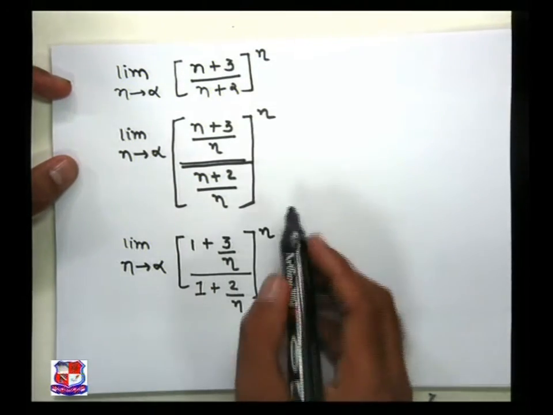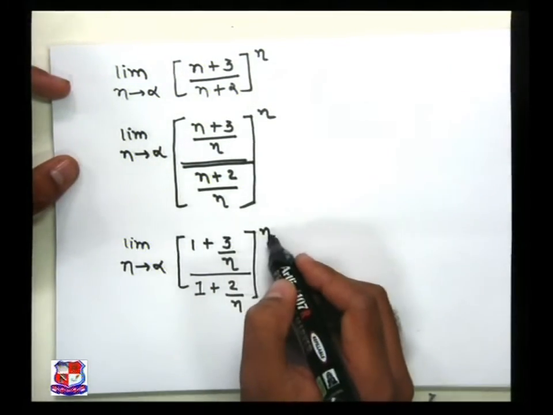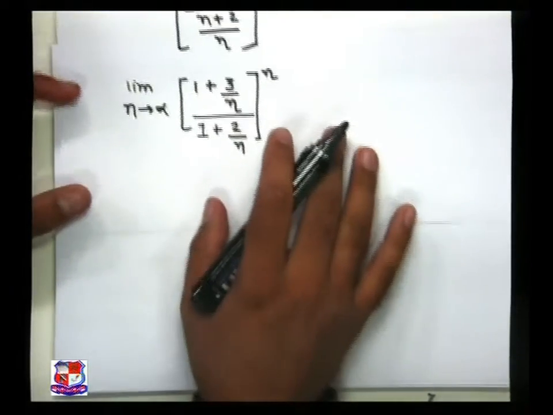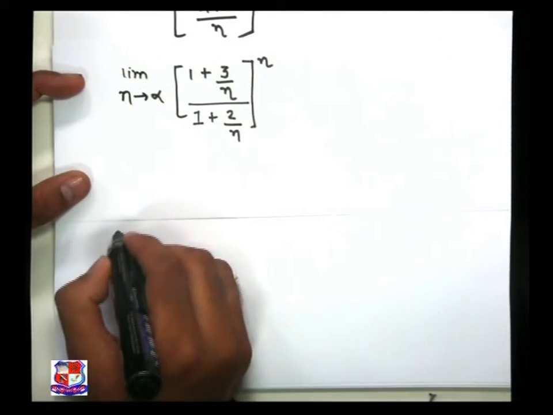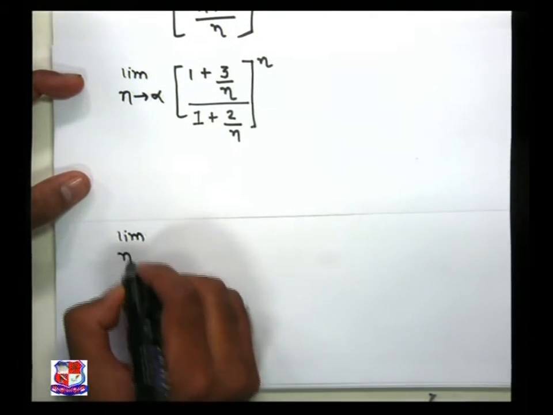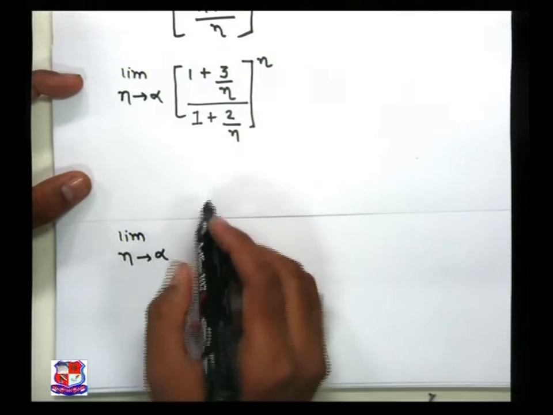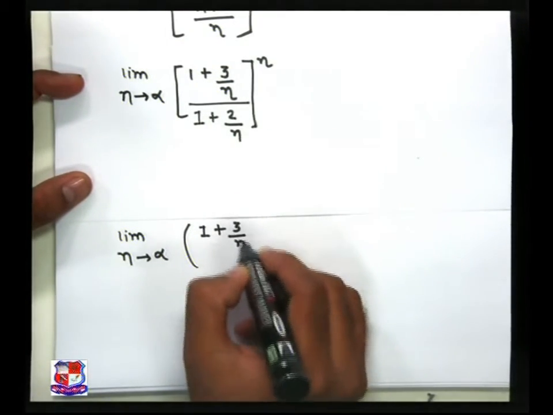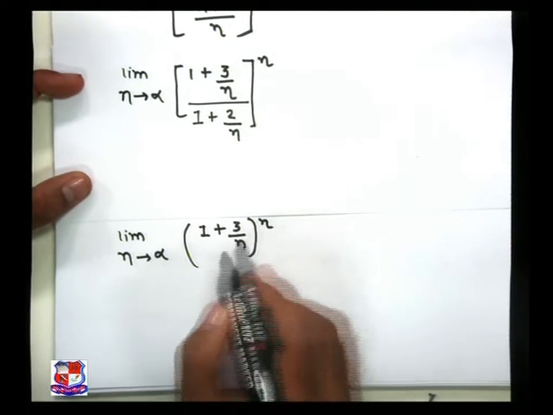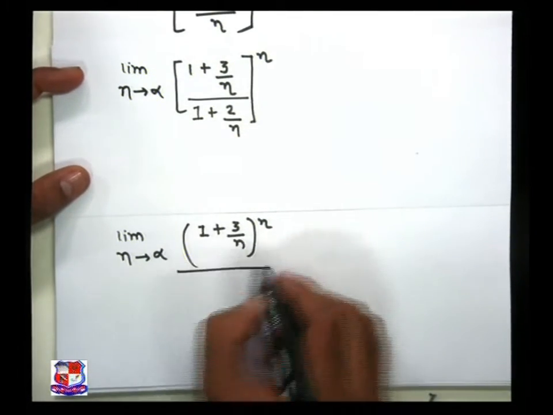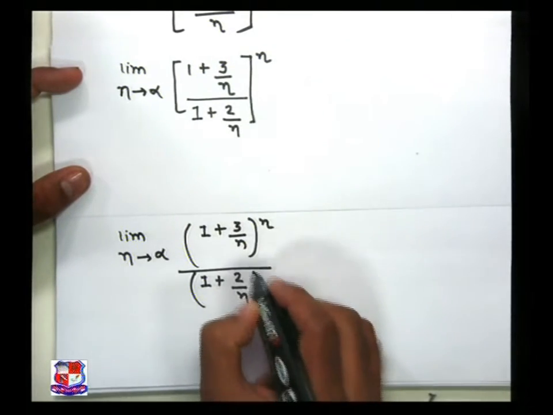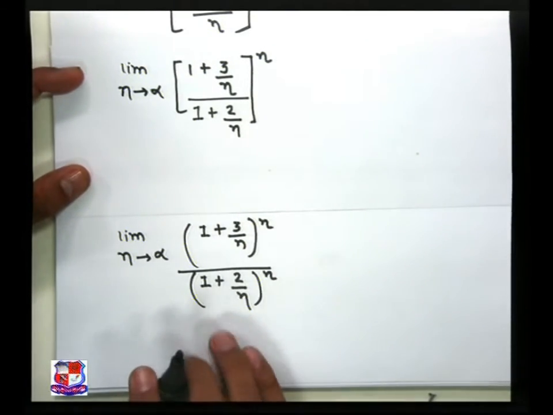Now the next step is to apply the power on both sides, numerator as well as denominator. So our next step is limit n tends to infinity, (1 + 3/n) raised to n divided by (1 + 2/n) raised to n.